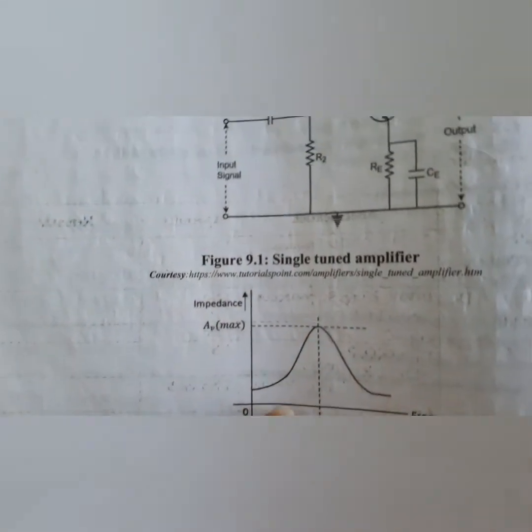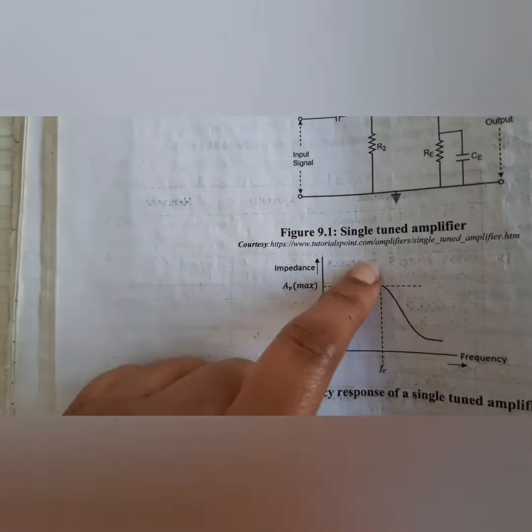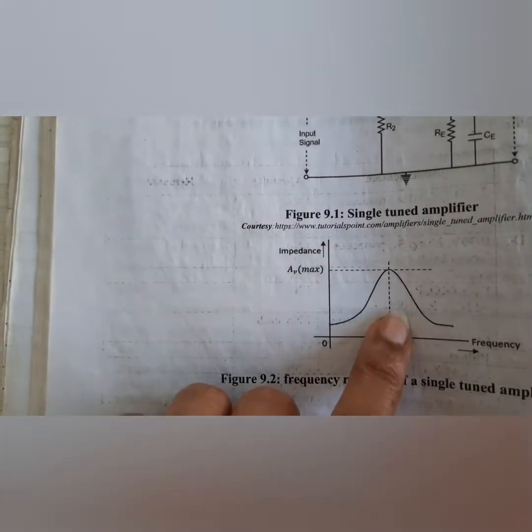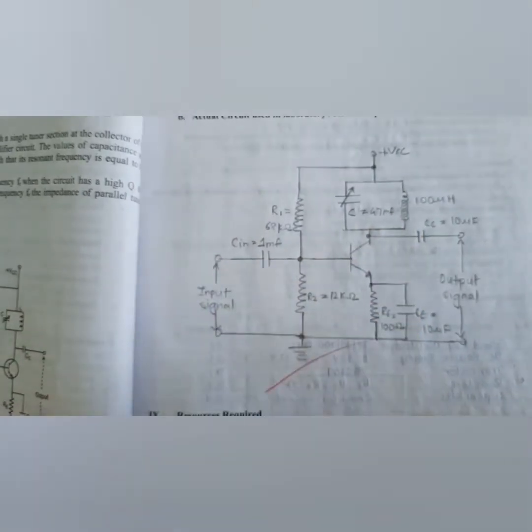You can see frequency against impedance. A particular frequency, that is your resonant frequency, is amplified. Okay, it is selected. How it is selected? Using the values of capacitor and the inductor. These are the various values we are going to use in the circuit.